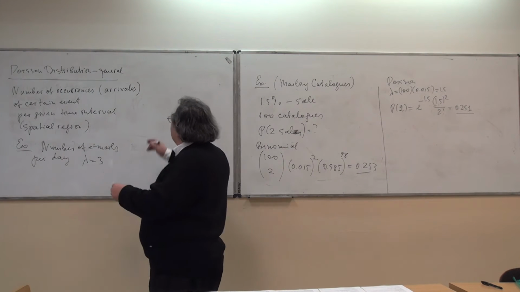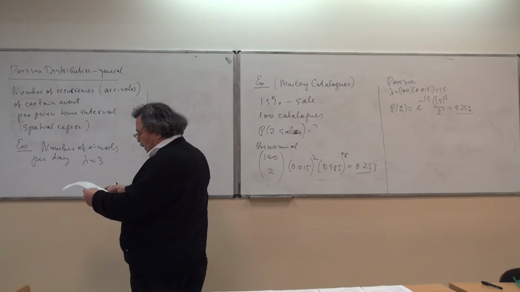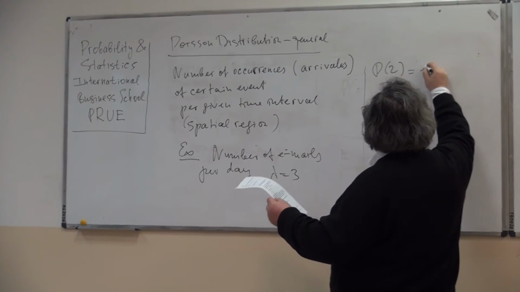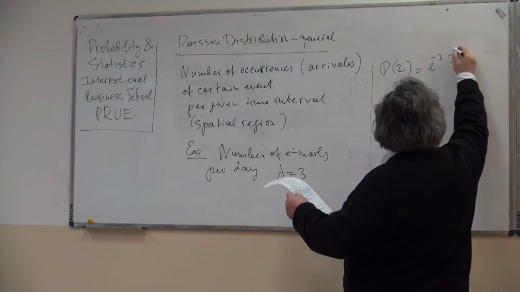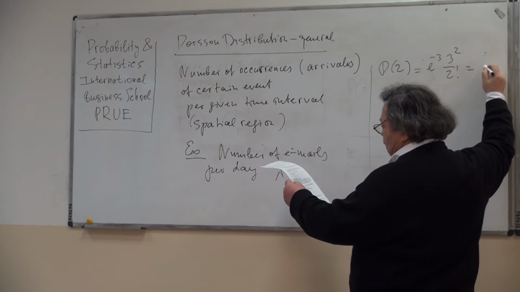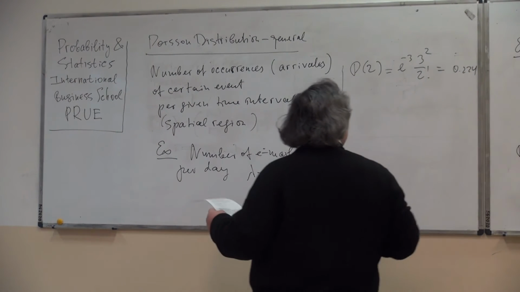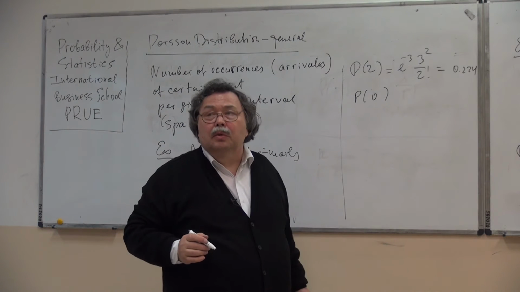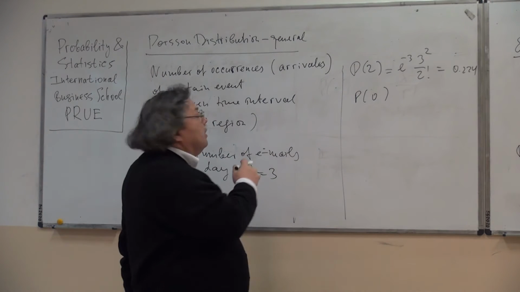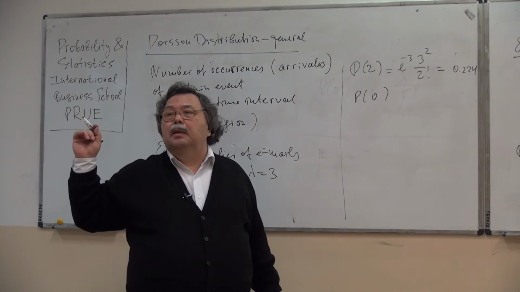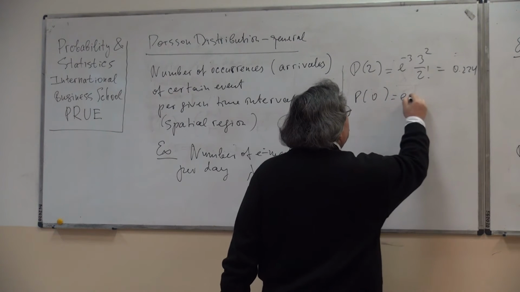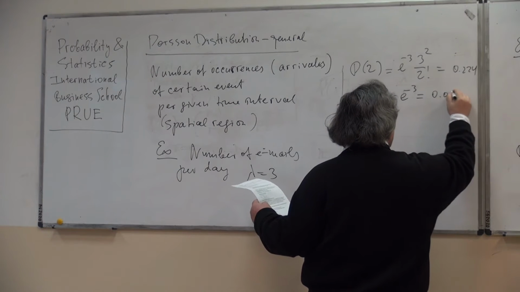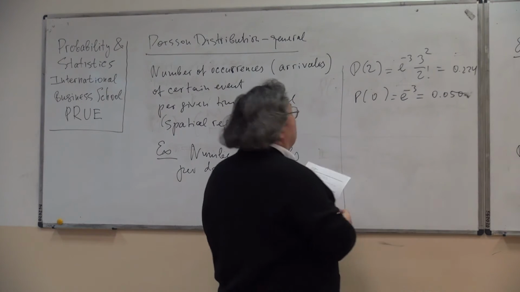Okay? Well, if it works well in my case, then, for example, the probability of getting exactly 2 messages on a given day is this, and it's 0.224. And the probability of getting no messages at all? Generally, it's e to the power negative lambda. So here it's e to the power negative 3, which is, okay, it's interesting.